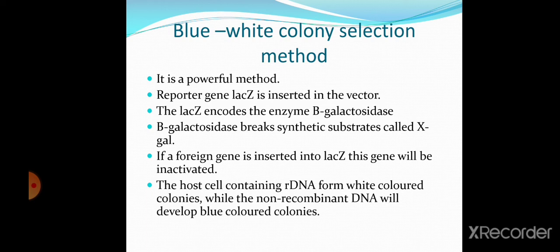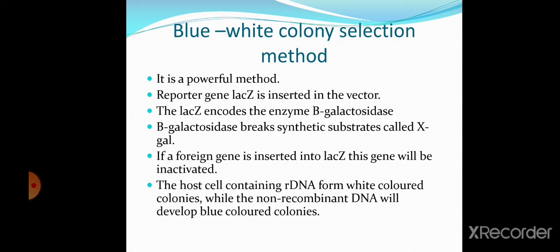Now, this beta-galactosidase enzyme will break the synthetic substrate. Synthetic means what? Artificial substrate, that is called X-gal. Beta-galactosidase breaks the synthetic substrate X-gal into an insoluble blue colored product.